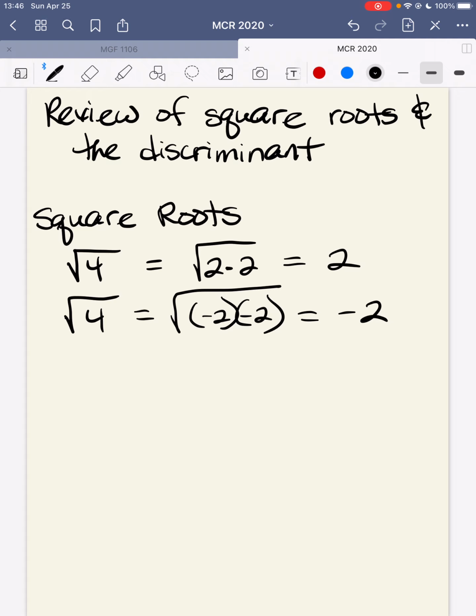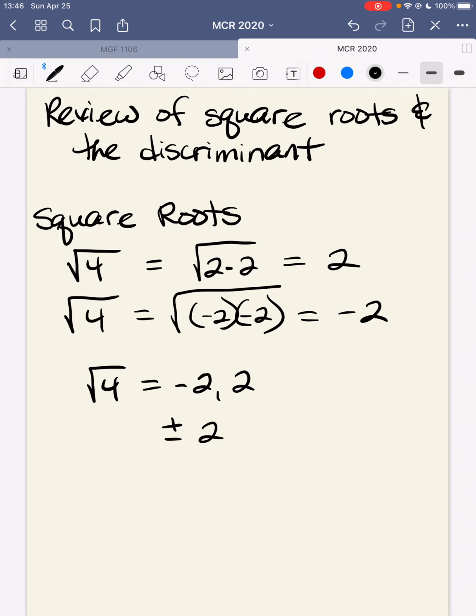And so that's totally a legitimate answer. In the quadratic formula, when we have something like the square root of 4, you actually have two answers: negative 2 and 2. You may also see this written as plus or minus 2.